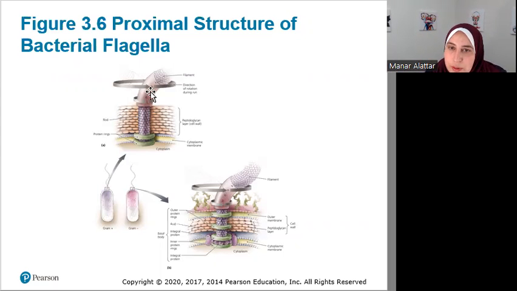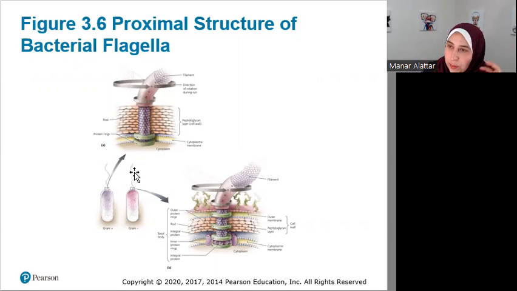You have that hook protein that allows it to hook into the membrane, and then you have the filament, which is connected on this side. Now, what the hook protein is attached to is a basal body, and the basal body is connected within the membranes and cell wall of the organism.